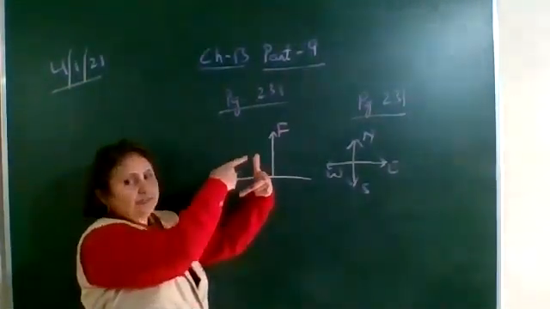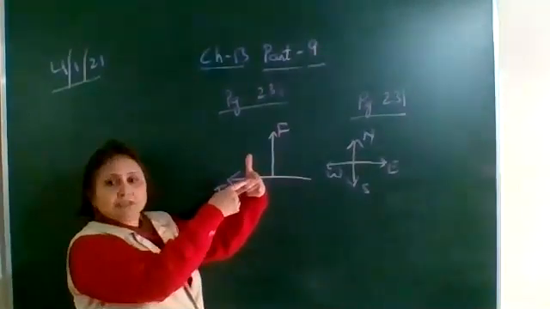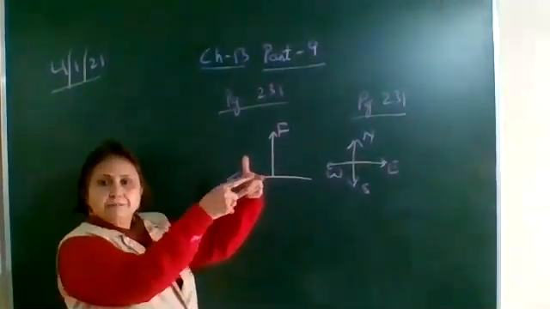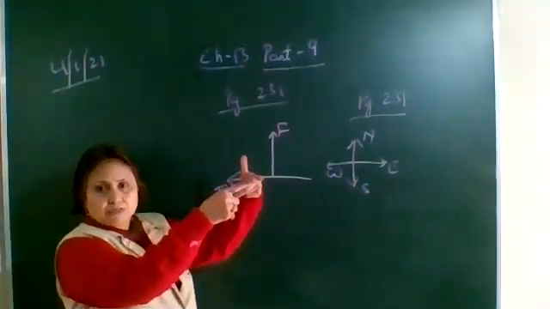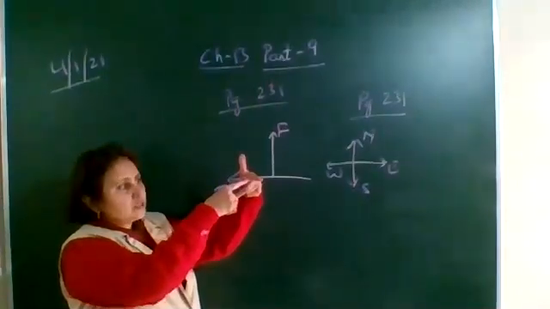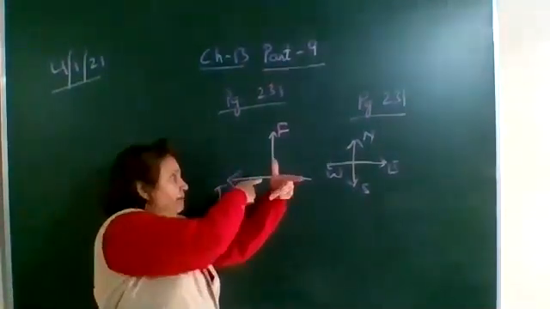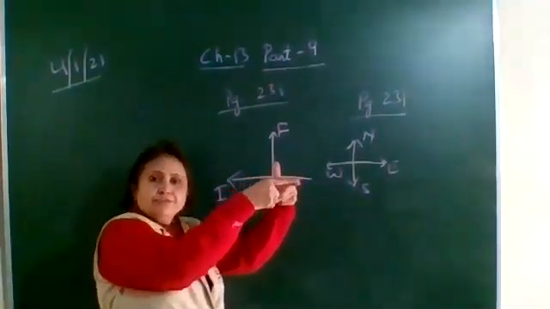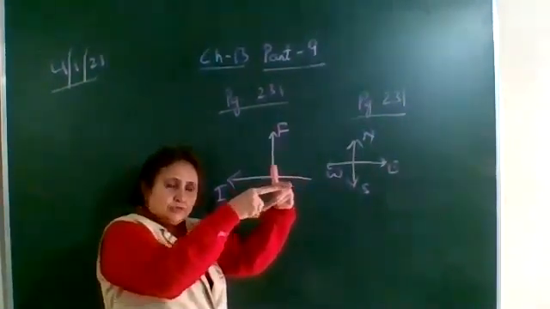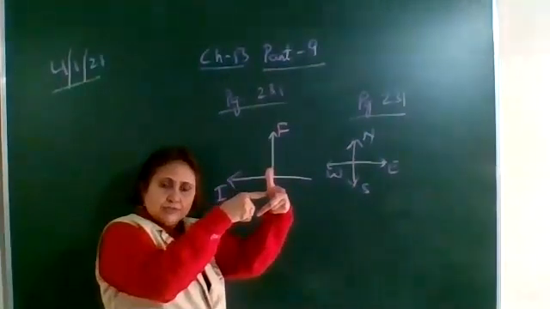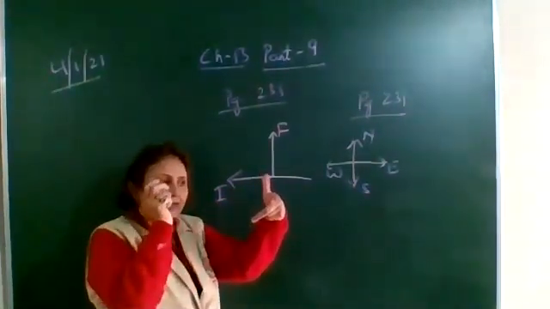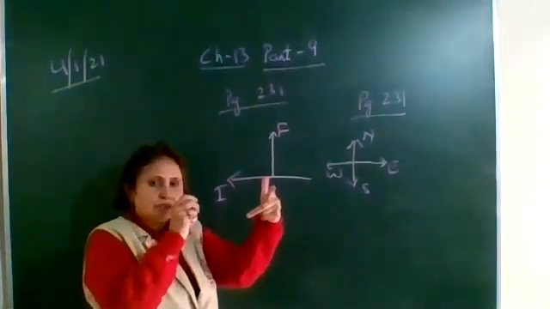This is the direction of the force, and you see here the first finger is pointing perpendicular outwards. So the magnetic field is perpendicular to the plane of the board outwards, or perpendicular to the plane of the paper upwards.